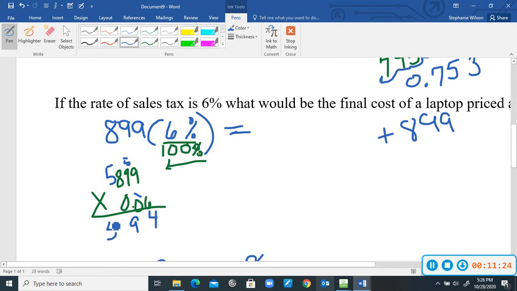And now I got to look at my decimals. This top number doesn't have a decimal, but this next one does. It has 2 decimal places, so I'm going to go 1, 2. So I got $53.94 in sales tax. I'm going to add it to the $899 because that's going to tell me how much you pay total for this.